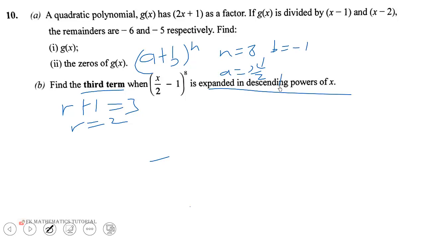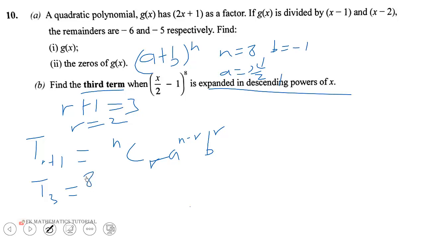So the r plus 1 of them is given by n combination r, a exponent n minus r, b exponent r. So t sub r plus 1, which is 3, the third term, is given by n combination r.